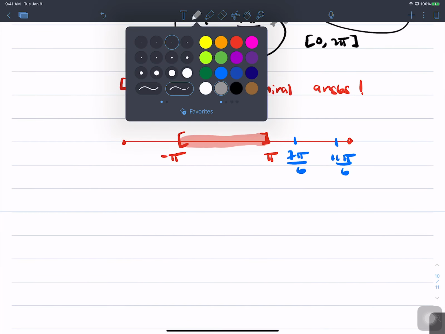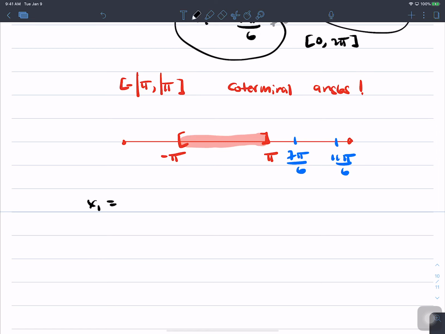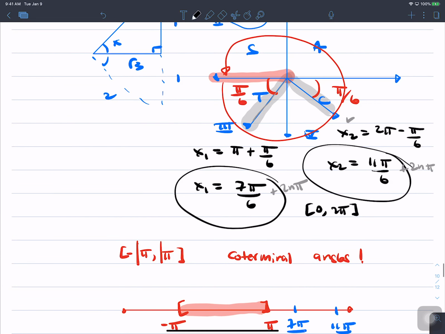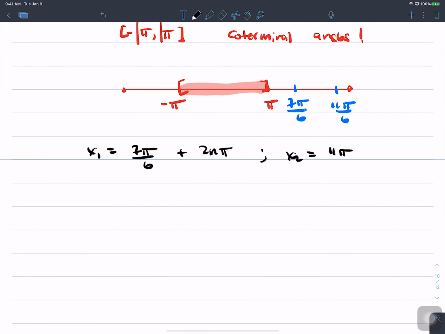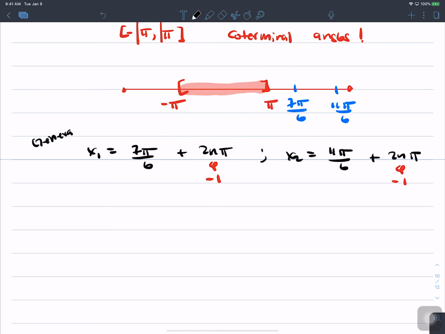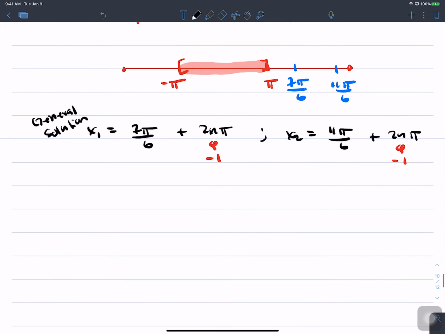So x1 in general is 7 pi over 6 plus 2n pi, and x2 is 11 pi over 6 plus 2n pi. If n is 0, n is 1, that's increasing. I'm going to let n be -1. n is an integer. This is the general solution. We get every solution, and particular solutions by changing the values of n.